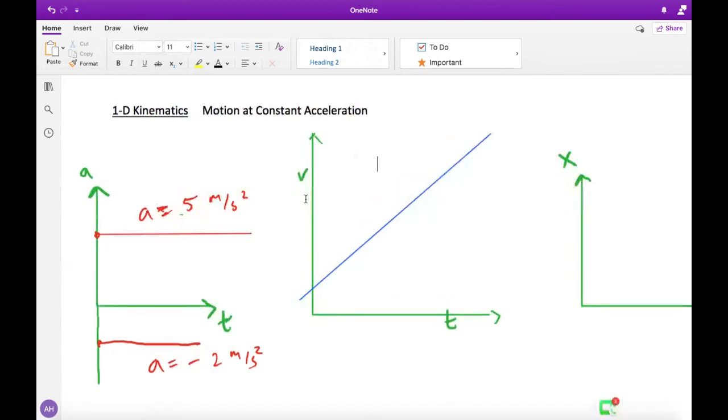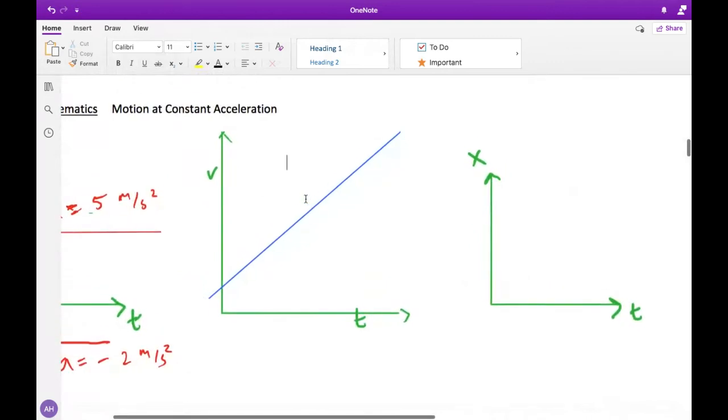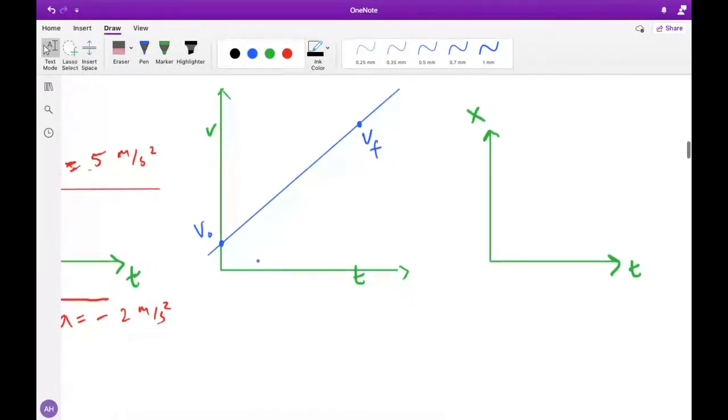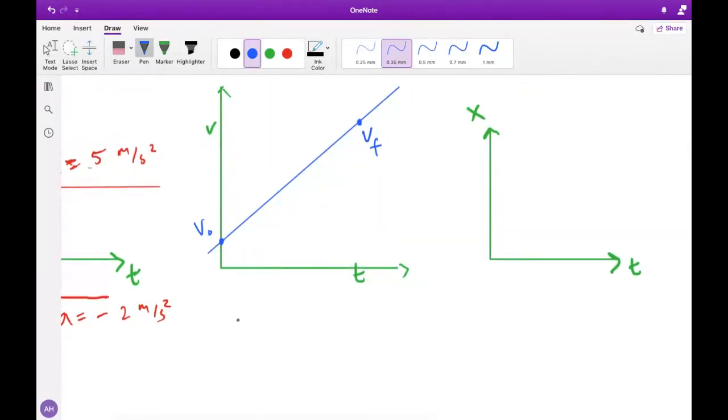If we were to analyze it and ask what is the slope of this line, from this point, let's say this is V0, to this point here, if this is V final, we can find the slope of that, where we know the slope is given as the rise over the run.